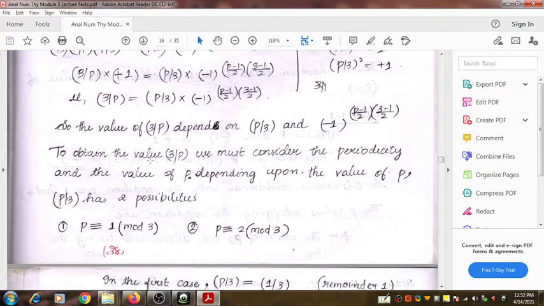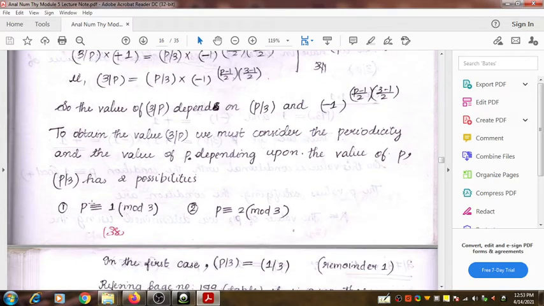To obtain the value of (3/p), we must consider the periodicity of the Legendre symbol, and also it depends upon the value of p.